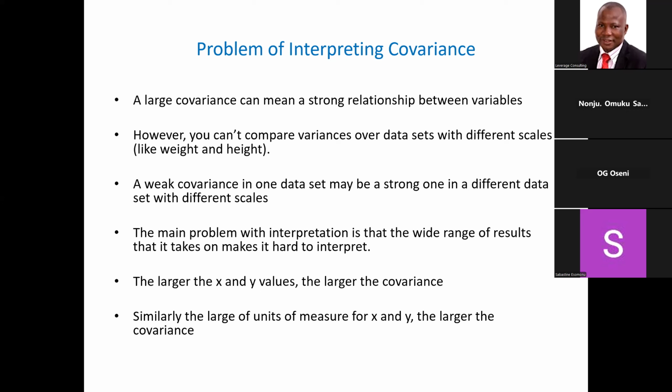So the main problem with interpretation is that the wide range of results it takes on makes it hard to interpret. The larger the x and y, the larger the covariance.